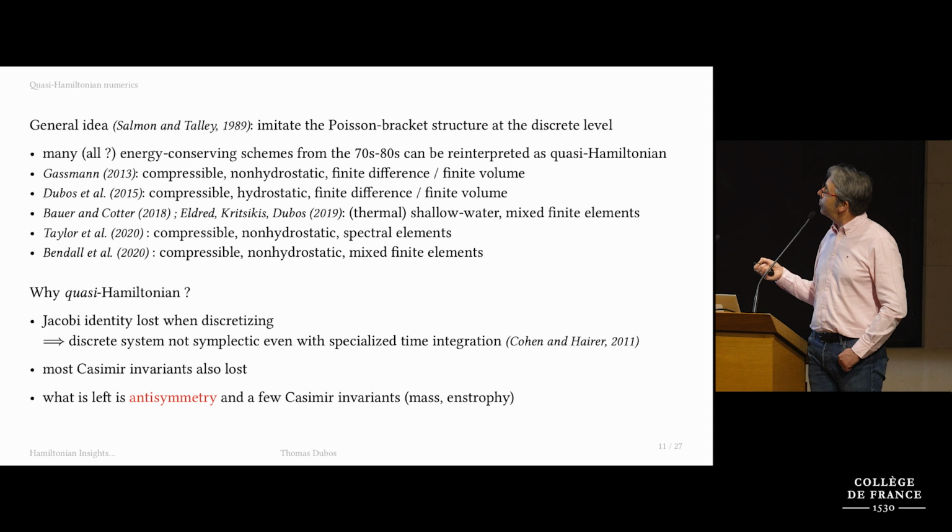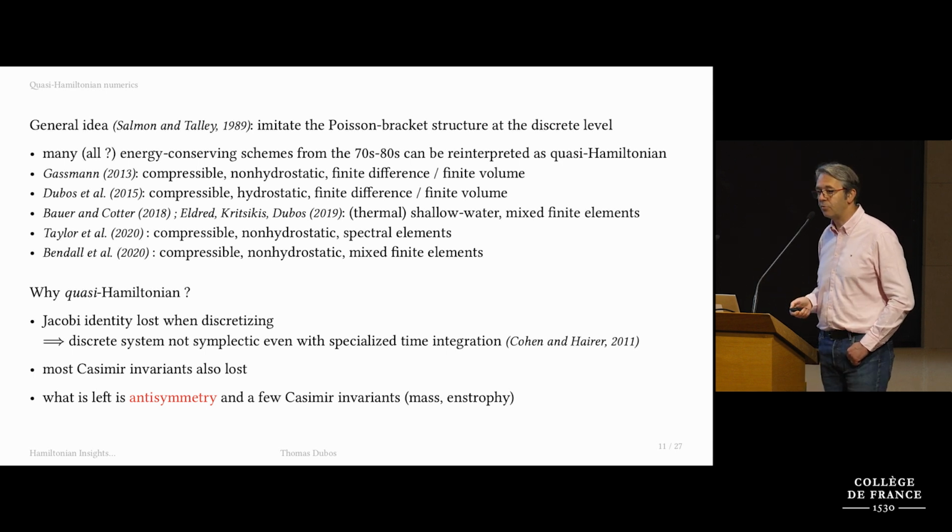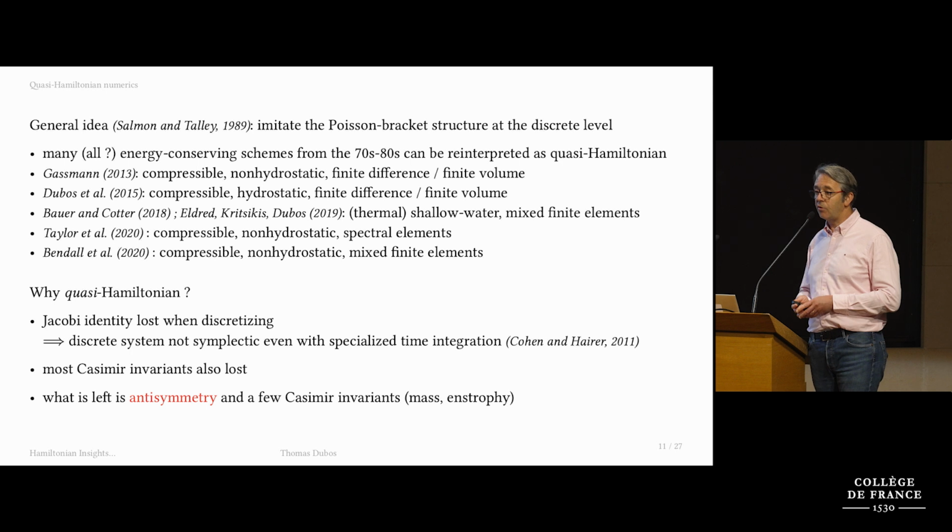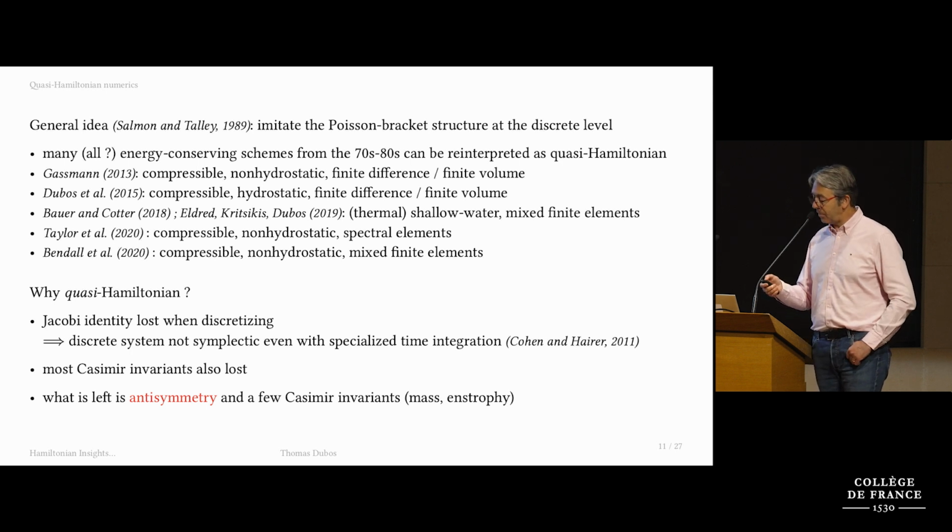So the idea was put forward 30 years ago or so, but it gained traction mostly in the last 10 or 12 years in various models and with respect to various numerical techniques, from finite volumes and finite differences to finite elements.